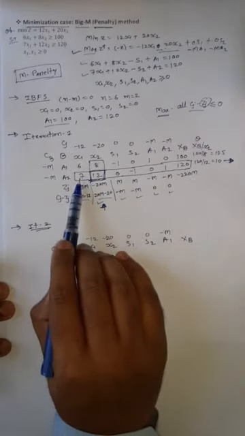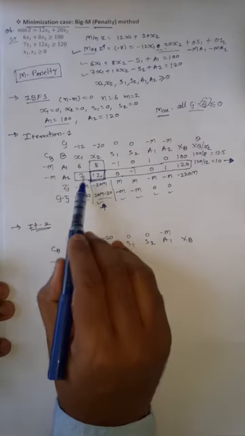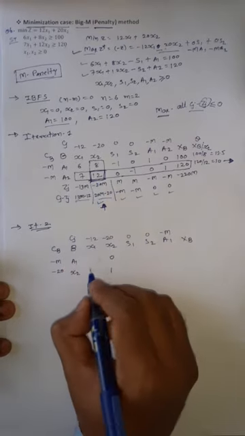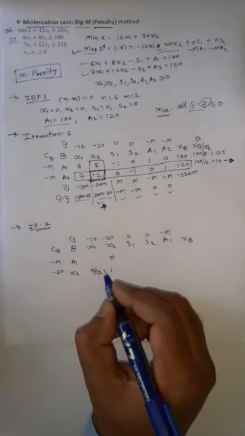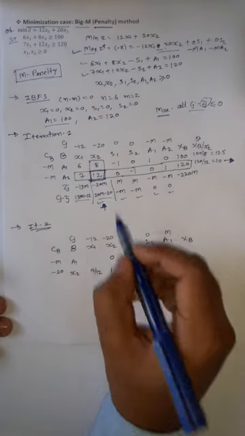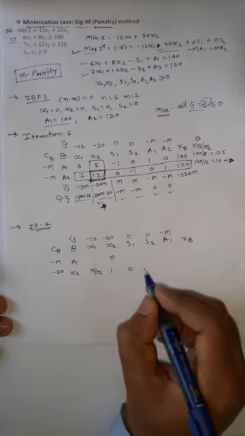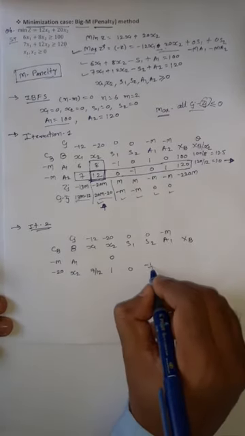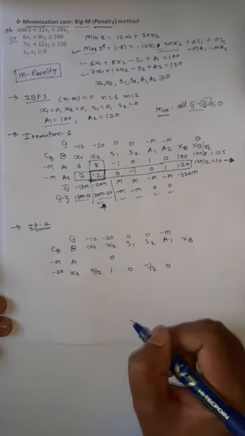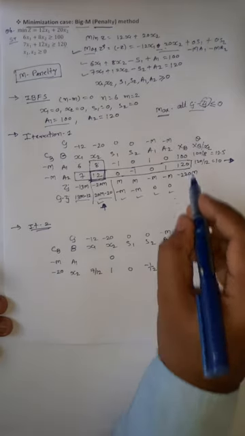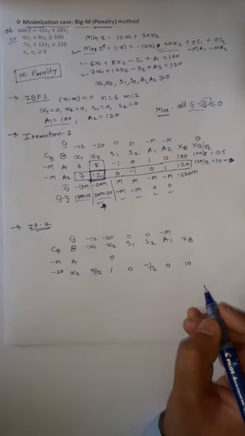So for this location, old element divided by key element: 7 divided by 12. After that, 12 divided by 12 is already 1 here, 0 divided by 12 is again 0, minus 1 divided by 12 is minus 1 by 12, from a1, 0 divided by 12 is 0 here. And for this, 120 divided by 12 is 10 here.